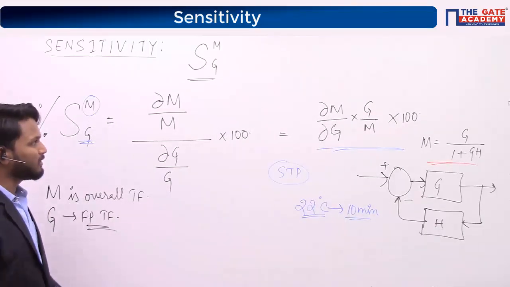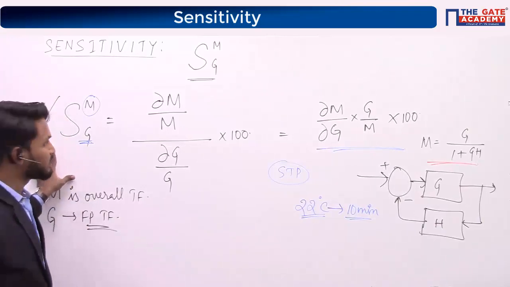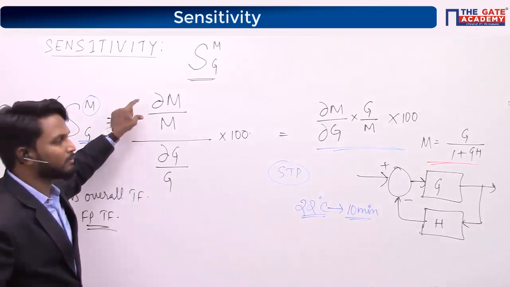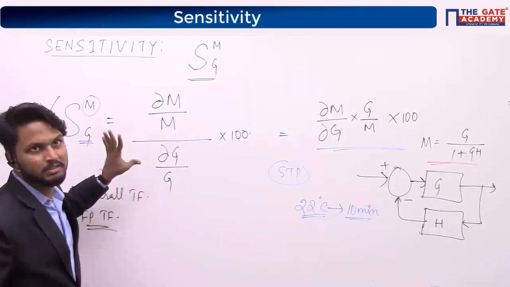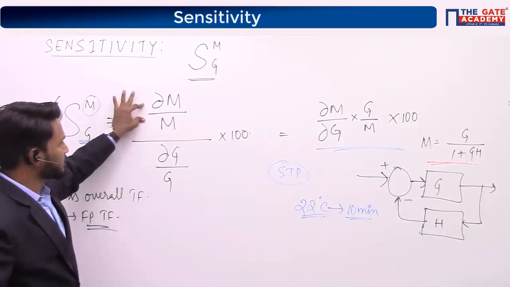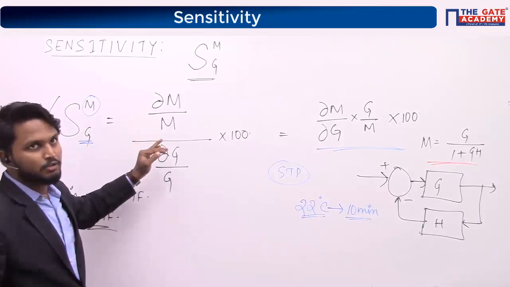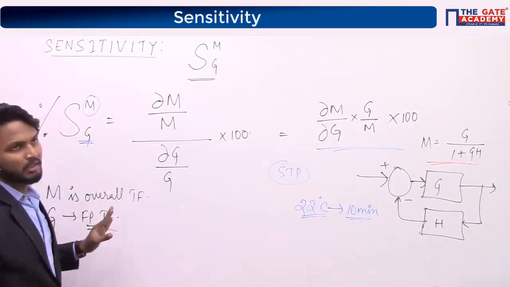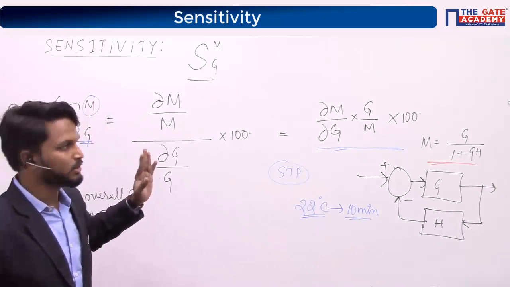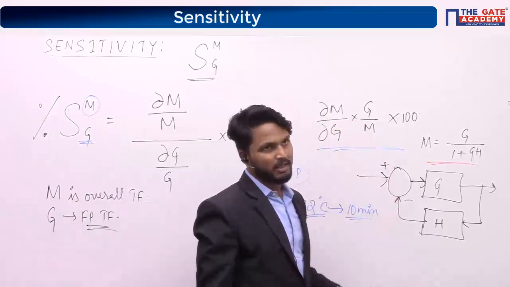See, the mathematical definition for sensitivity is nothing but the ratio of per unit change in overall transfer function with respect to per unit change in G. This ratio is called the sensitivity of overall transfer function with respect to forward path transfer function G. So dou M by dou G multiplied by G by M into 100.